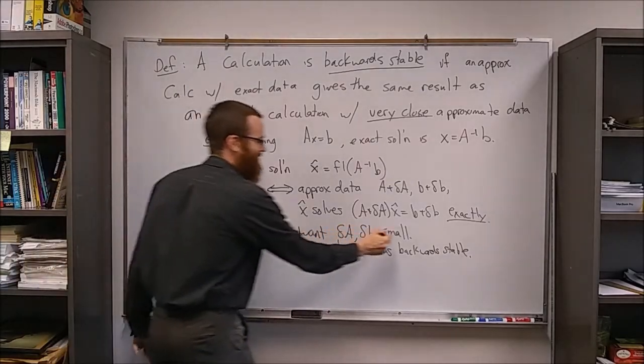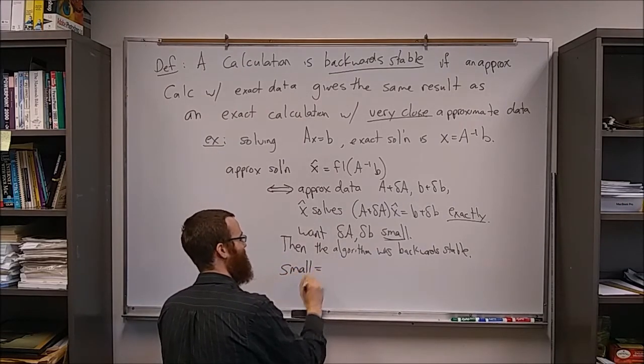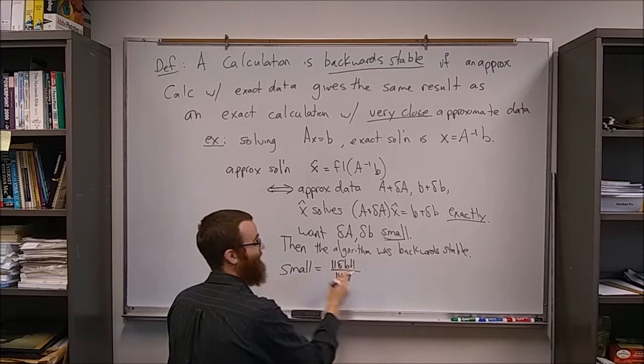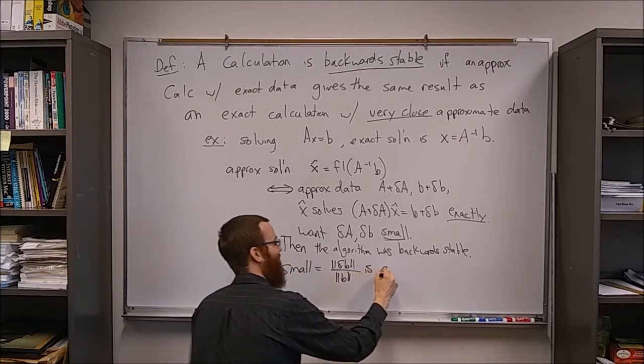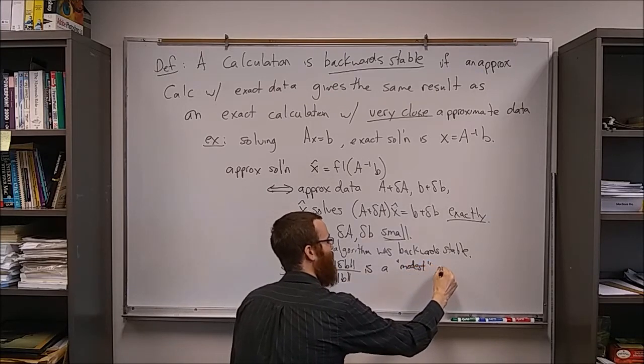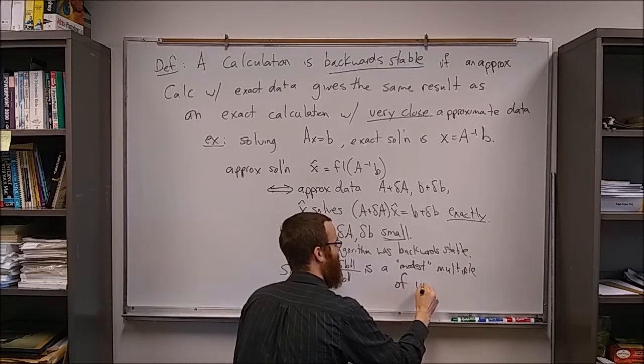Now what do we mean by small? Usually small is supposed to mean that delta B over B, or a similar thing for A, is a, quote, modest multiple of the unit round-off.